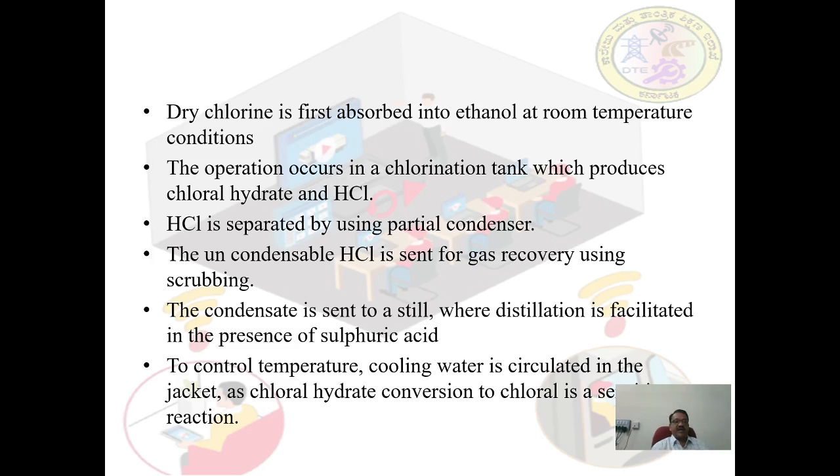The dry chlorine is first absorbed into ethanol at the bottom at room temperature. The operation occurs in a chlorination tank which produces chloral hydrate and hydrochloric acid. This hydrochloric acid is separated by using a partial condenser.